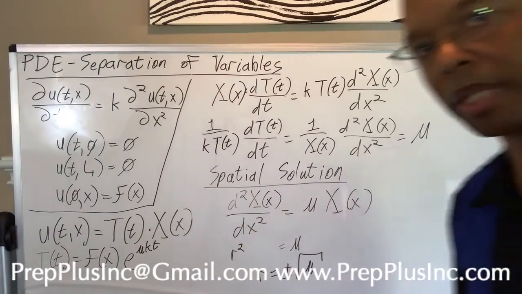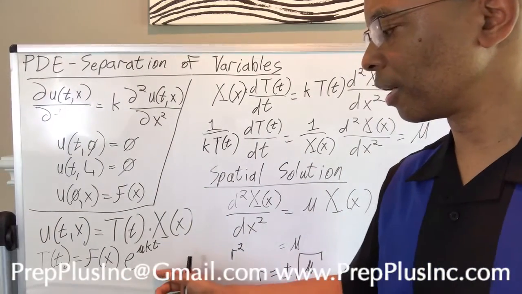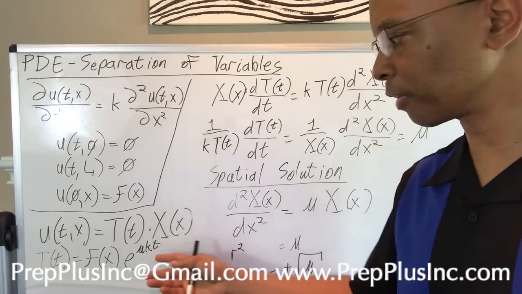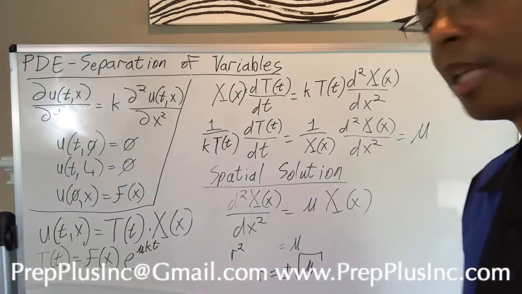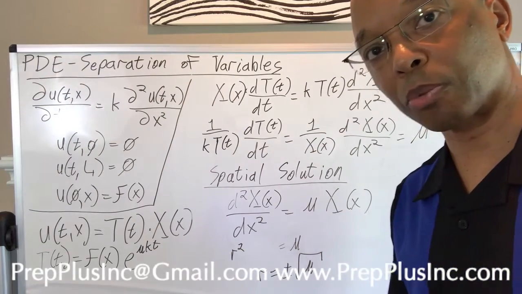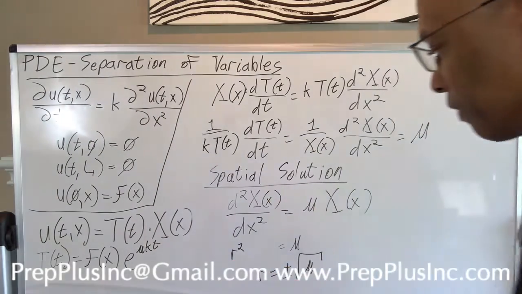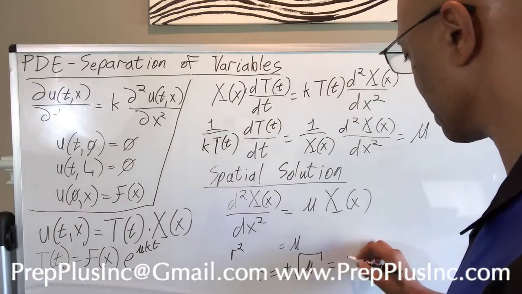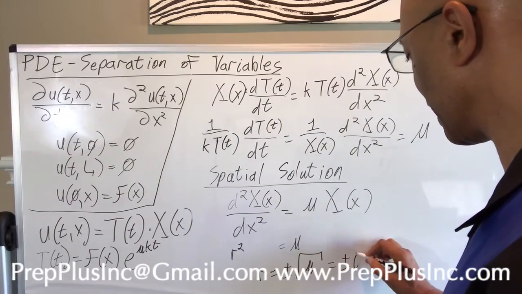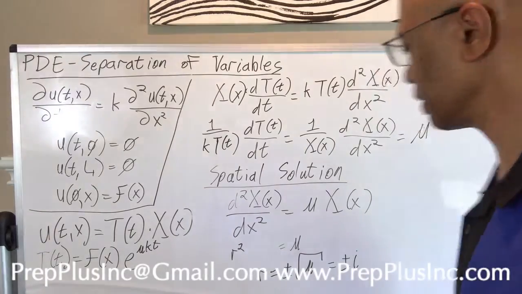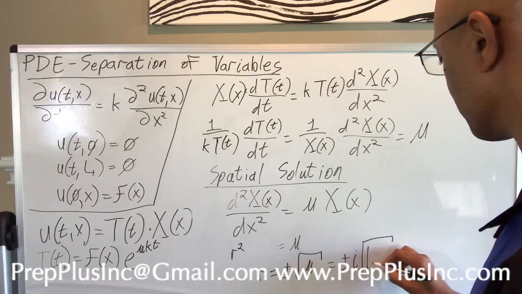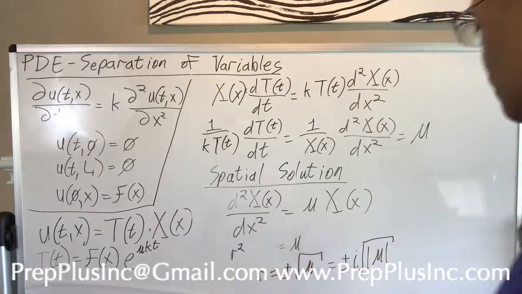Now we already know from our arguments about whether mu is positive, negative, or zero for the time solution that we're only interested in the case where mu is negative. So that means r is plus or minus i, the square root of -1, times the square root of the absolute value of mu.